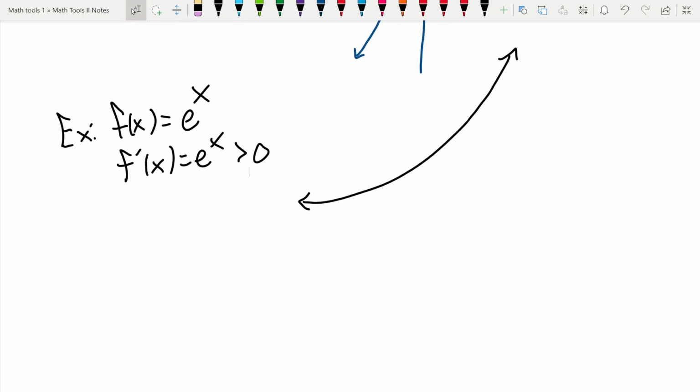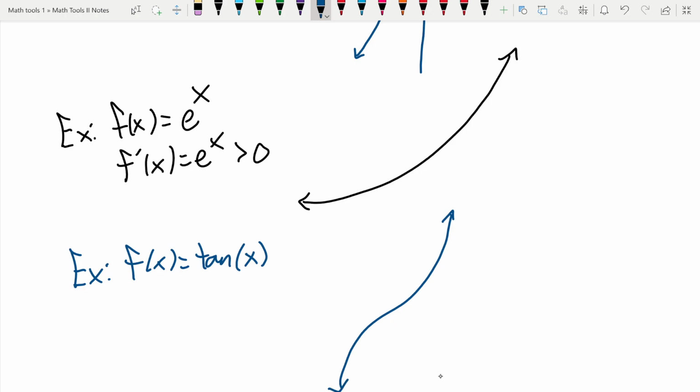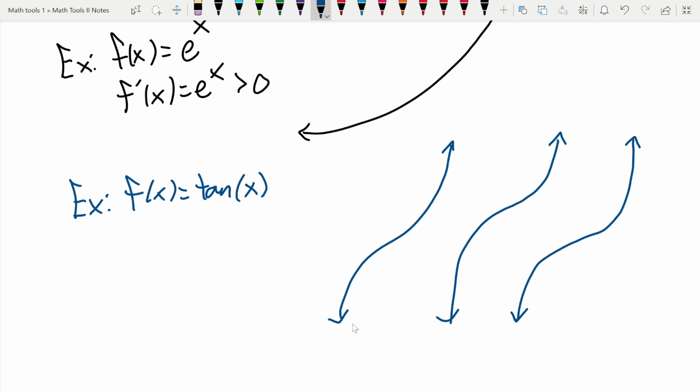Maybe just to look at a trig example, tangent is a good one, right? f of x equals tangent of x. If you've seen this graph, either in Math Tools 1 or on your own, again, I won't draw the whole thing, but it basically looks like this, with a series of identical pieces that just keep looking like this as they go. It's badly drawn because these can't be on top of each other, but the idea is that they are always increasing, right?